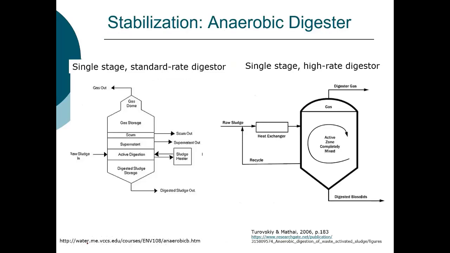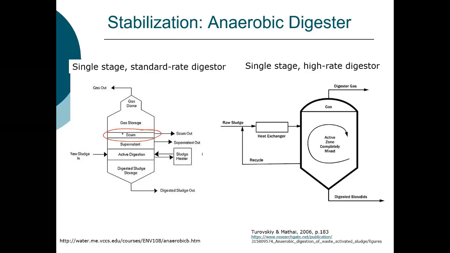These are just some images of a single stage and a high rate digester. So you see a single stage digester. These require a large tank volume. They require long detention times, typically 30 to 60 days if it's heated. They have low loading rates, and they have this thick scum layer.